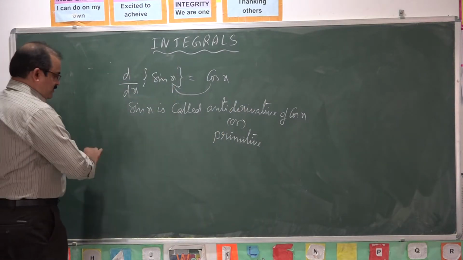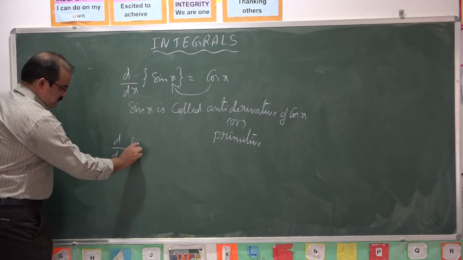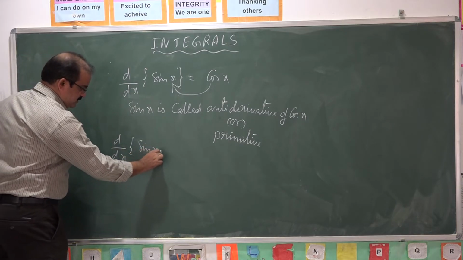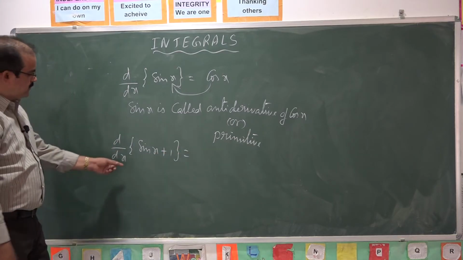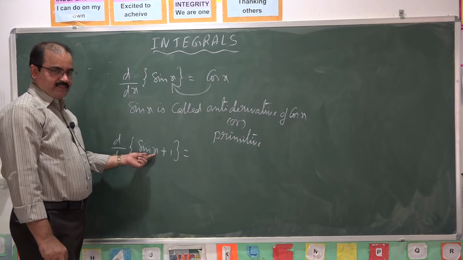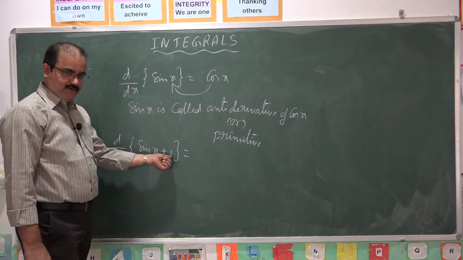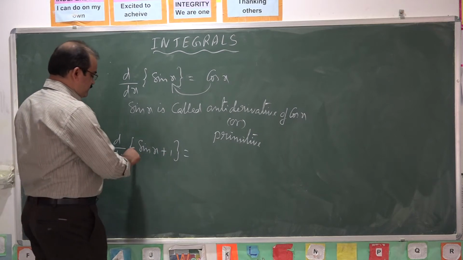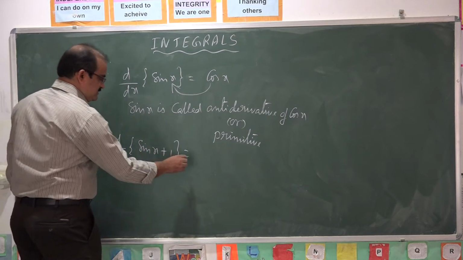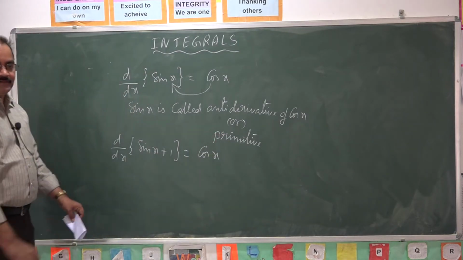In the same way, we observe d by dx of sin x plus 1. D by dx of sin x is cos x, plus d by dx of 1, derivative of any constant is 0. So d by dx of sin x plus 1 is also cos x.